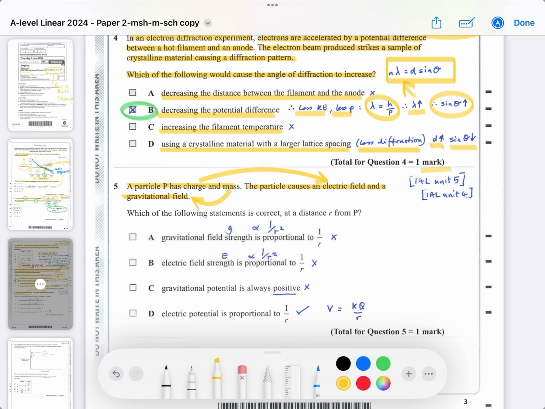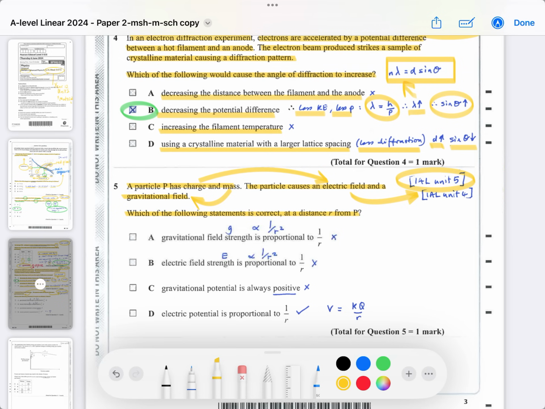Again, this is unit 5 for the fields, and it says unit 4 as well. I'm not sure where in unit 4 we're talking about. Oh, okay. Gravitational field is in unit 5, and electric field is in unit 4. Which of the following statements is correct at a distance r from P?